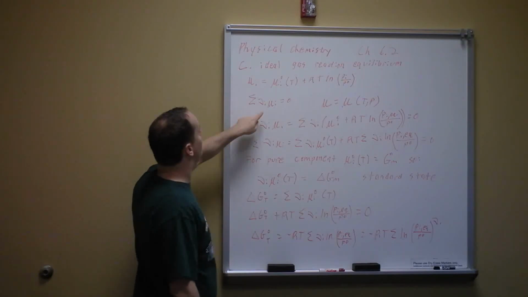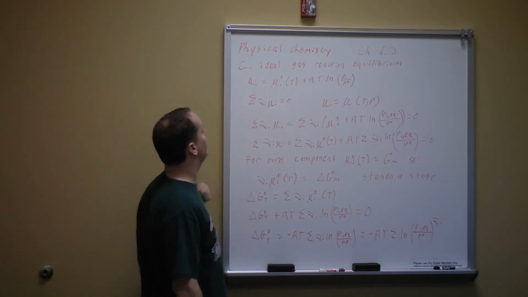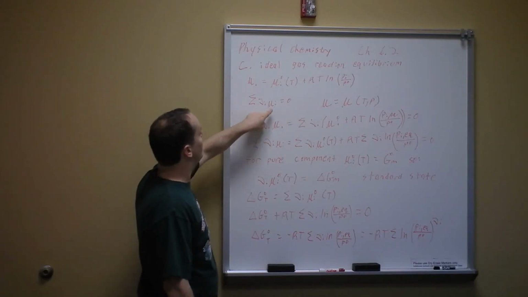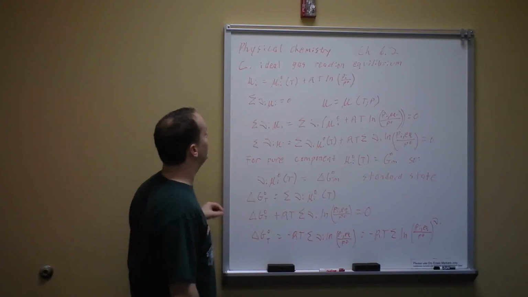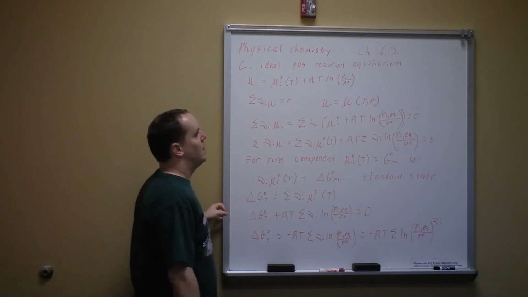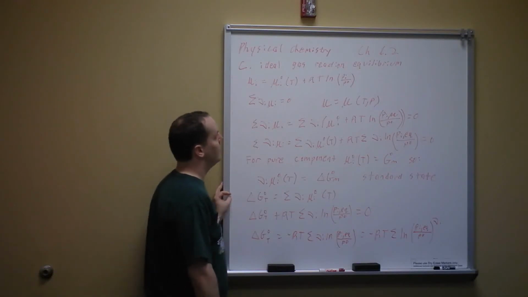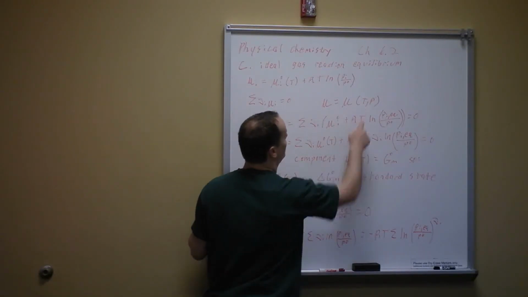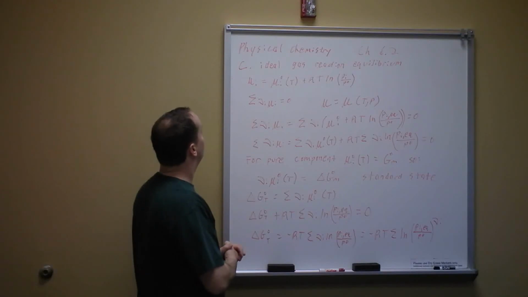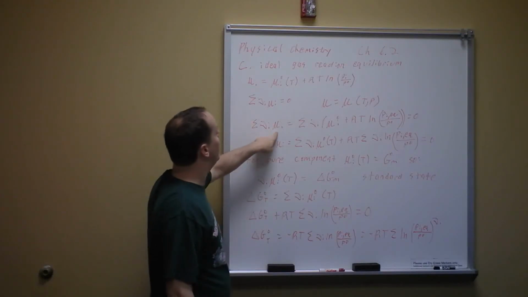We also know that the sum of nu I mu I is equal to 0. Remember, nu I is the stoichiometric coefficient, and mu I is the chemical potential of the substance. And it'll be positive for all the products and negative for all the reactants. Now remember, mu is dependent on both temperature and pressure. Now we're going to have the sum of nu I mu I then.